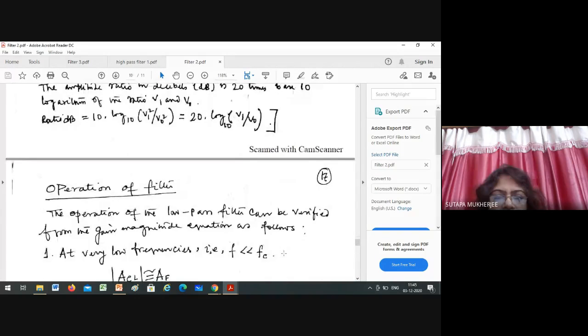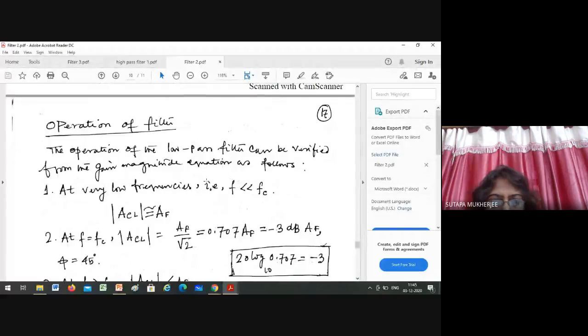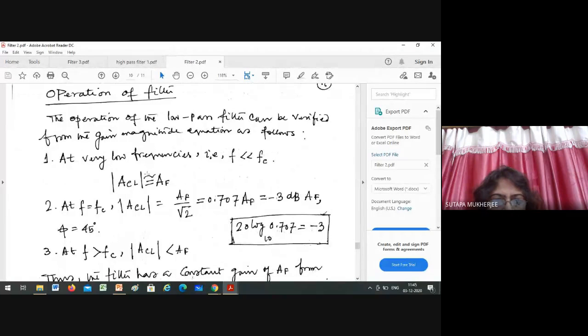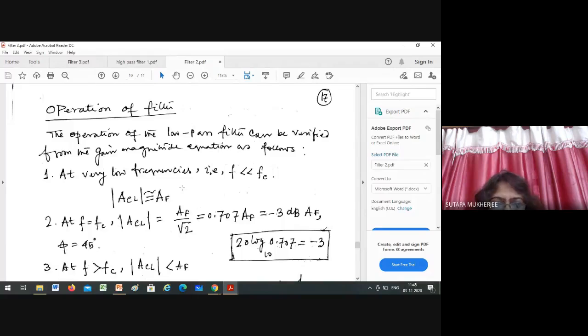Why I am explaining this, you will understand in the explanation. The operation of the filter, what did we see?